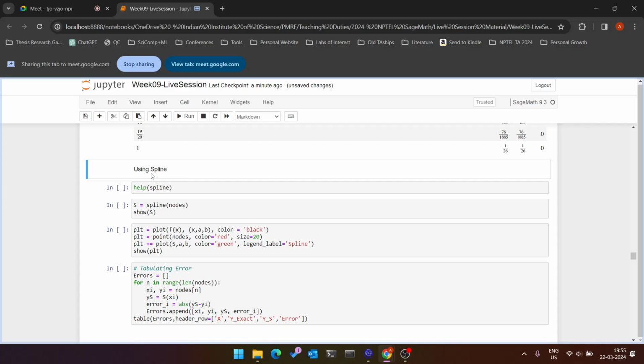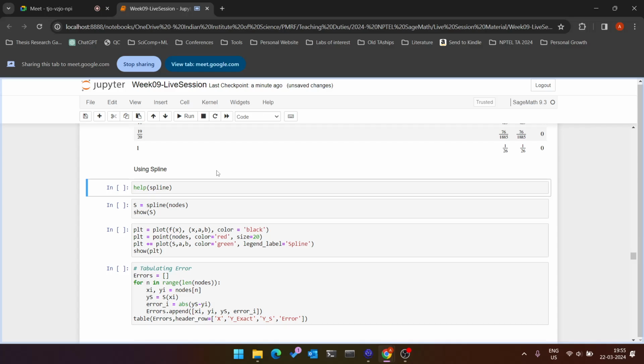Next, another method that we have is spline. It's particularly cubic splines, which match not only the function values of two adjacent intervals at the common point between those two adjacent intervals, but the function's slope as well as its second derivative.